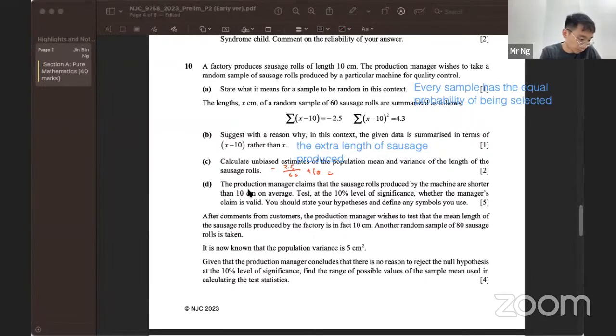Okay, so this is 239 over 24. Okay, so this is minus 2.5 over 60, expectation squared. Then after that, expectation of x squared.